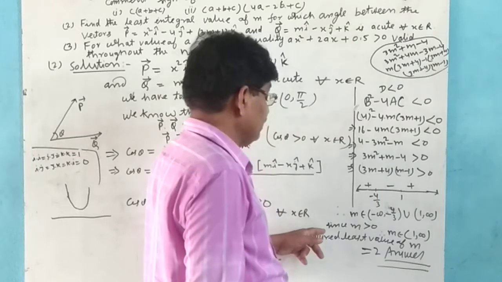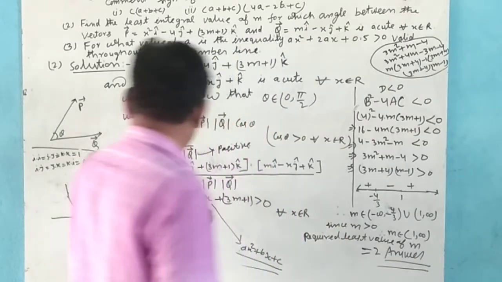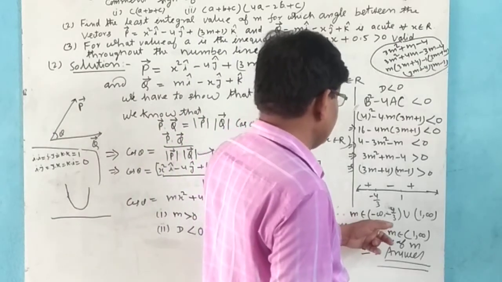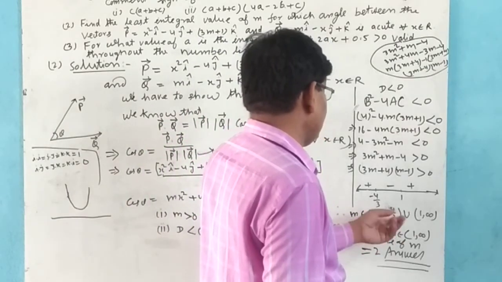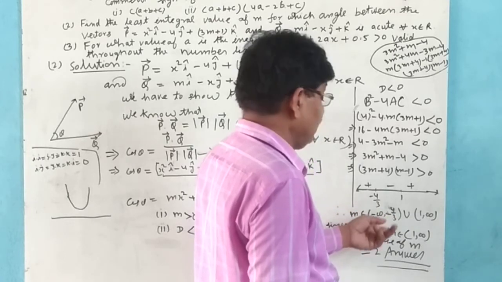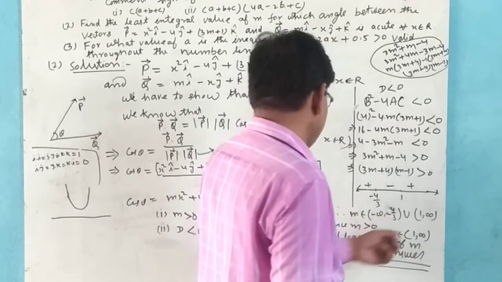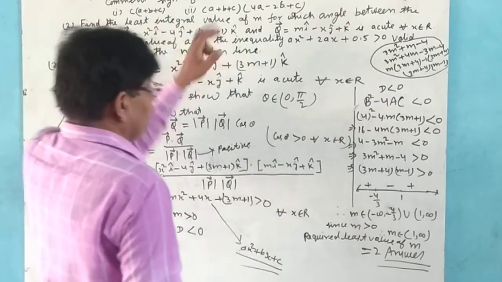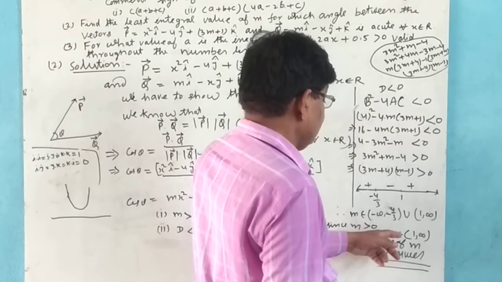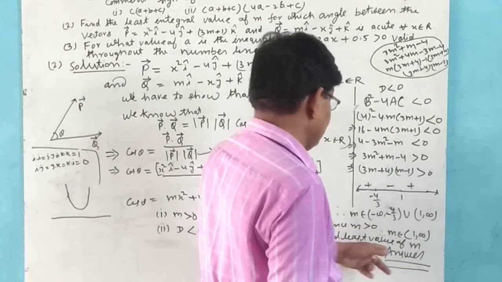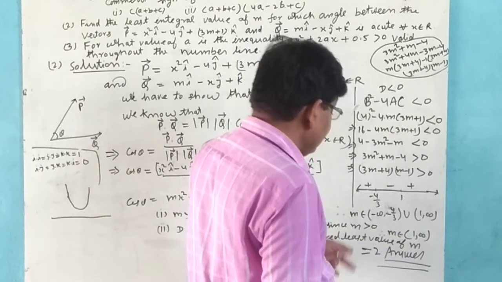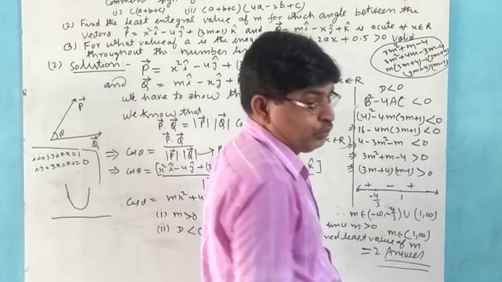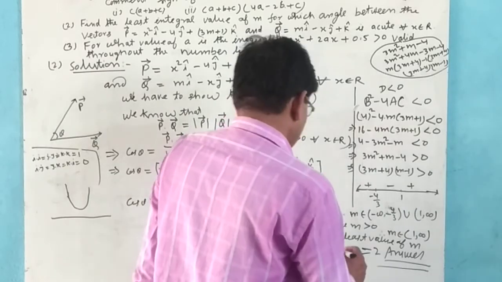But m is greater than 0, so we neglect those terms, and m belongs to 1 to infinity. We need the least integral value, so the least value of m is 1, that is 2. This is our answer.